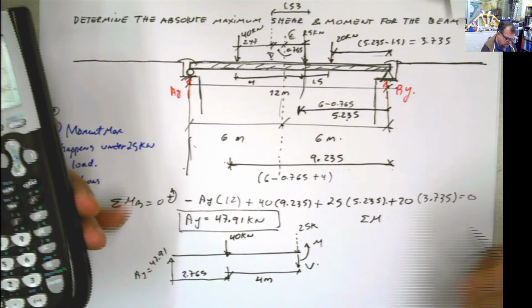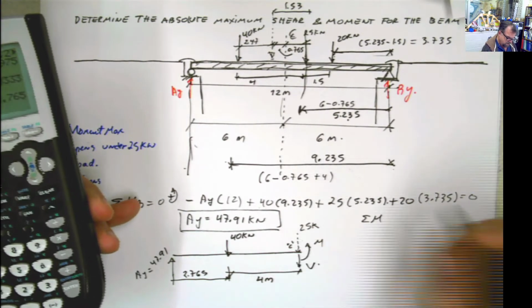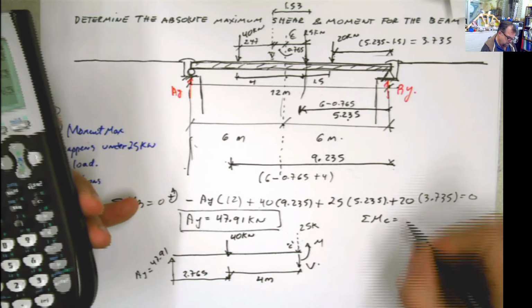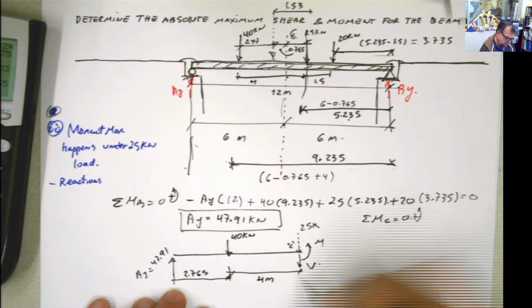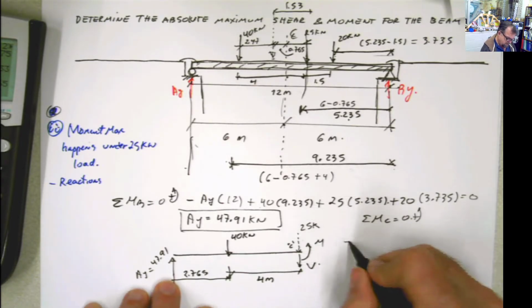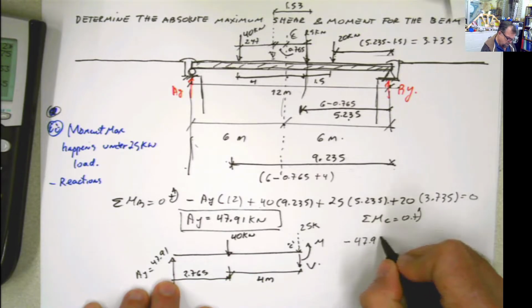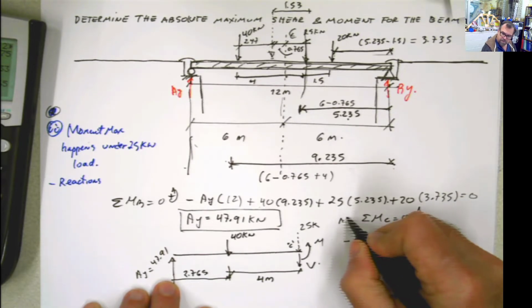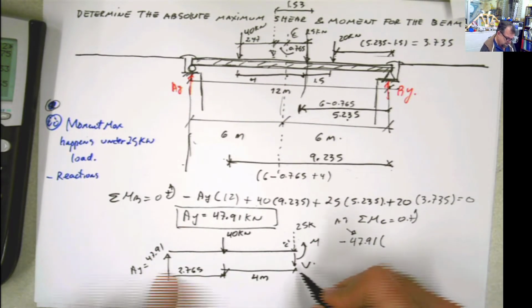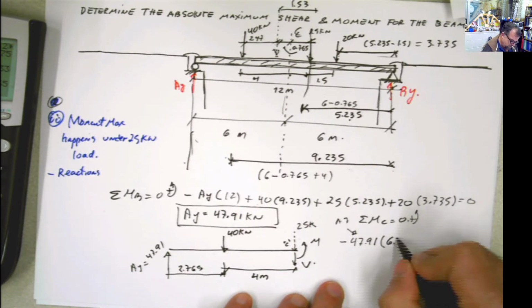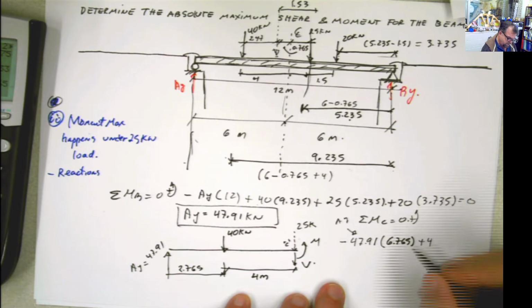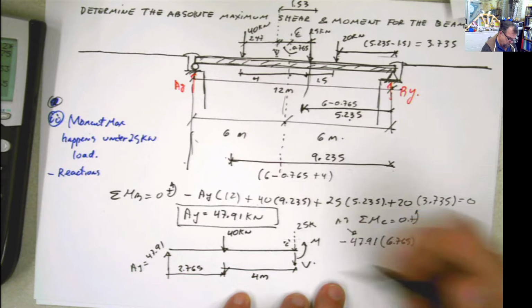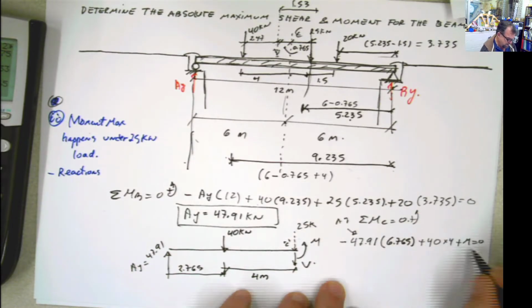Summation of moments at point C equals 0. Then we have negative AY, 47.91, multiplied by this distance, 6.765, plus 40 times 4 plus M equals 0.